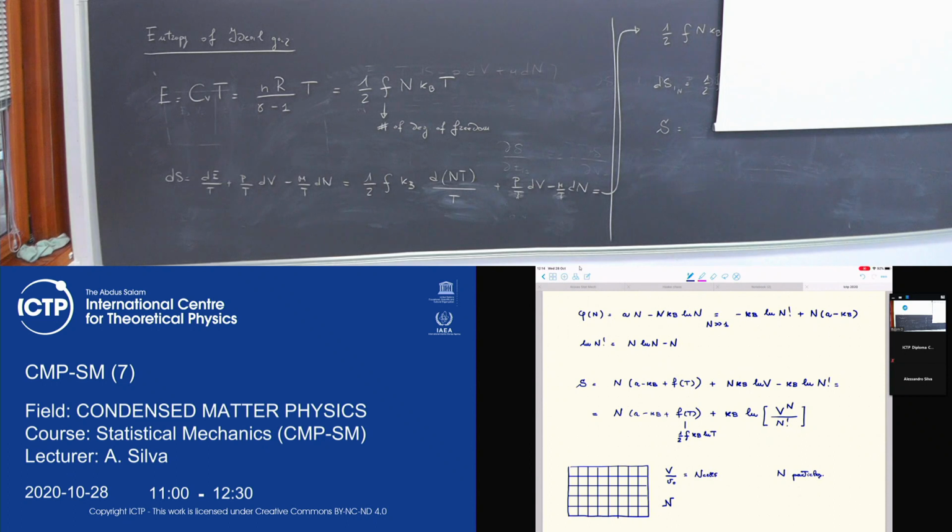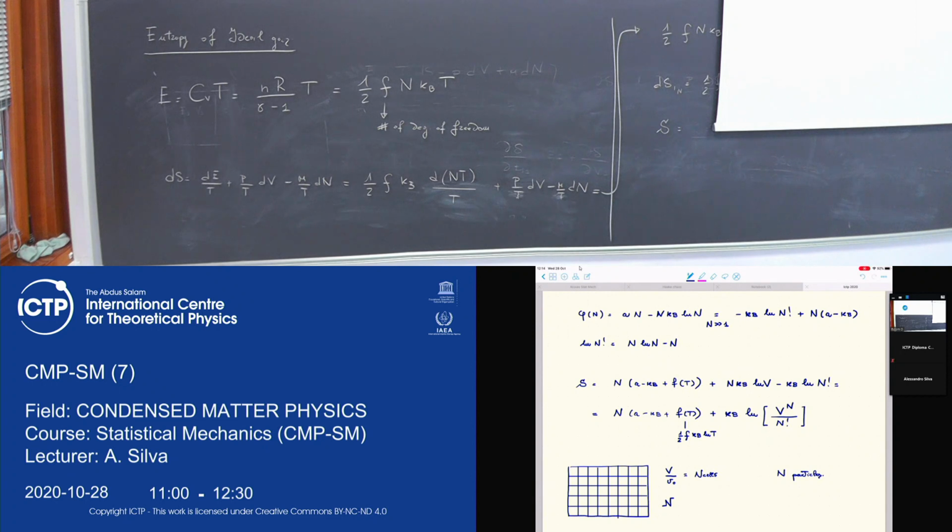Okay, so how many ways do I have to place n particles in this number of cells without counting permutations? N cells of n factorial. N factorial divided by. So I take these particles and I throw them at random inside this volume, right?